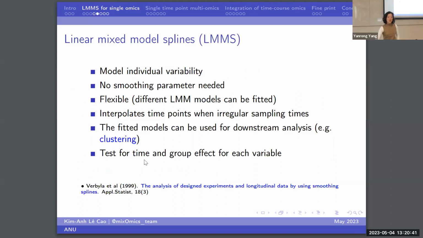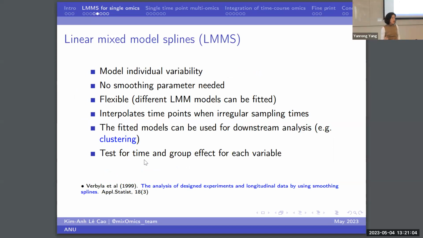And so instead we looked at the approach from Verbyla, who said, well, actually you can use linear mixed models and have splines from there. And I think what was really attractive is that you are in a linear mixed model framework. So you can model the individual variability.